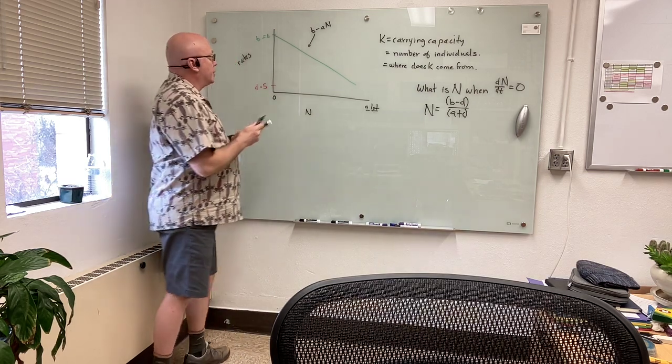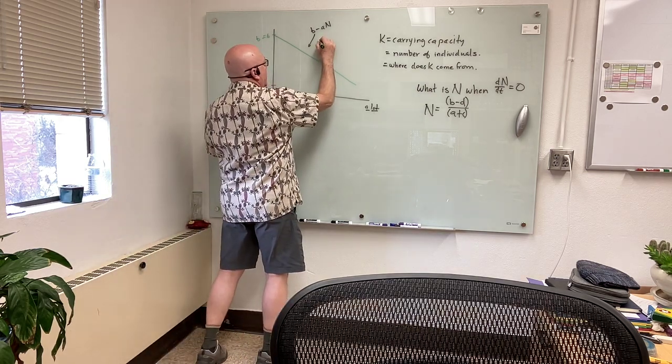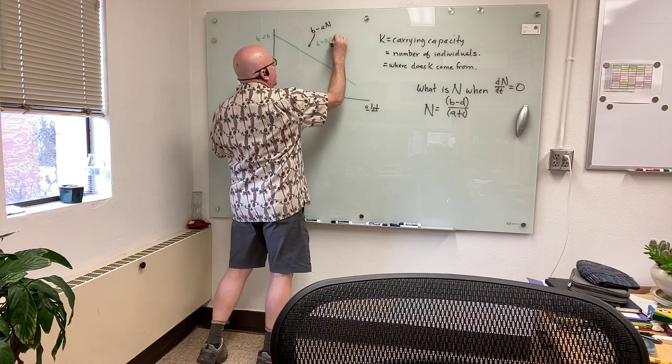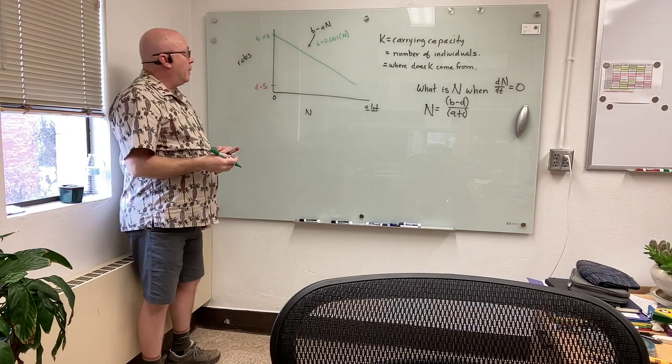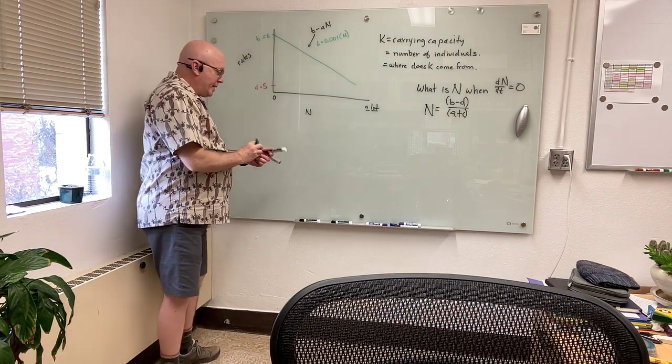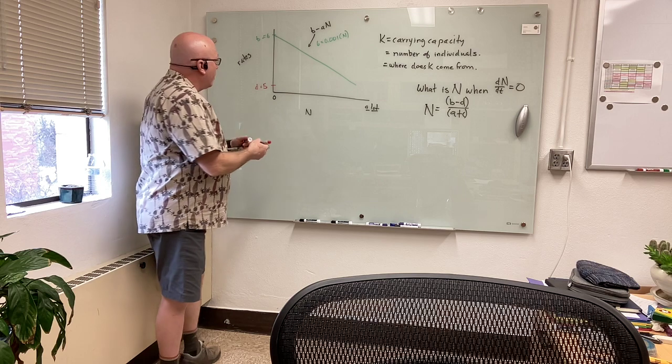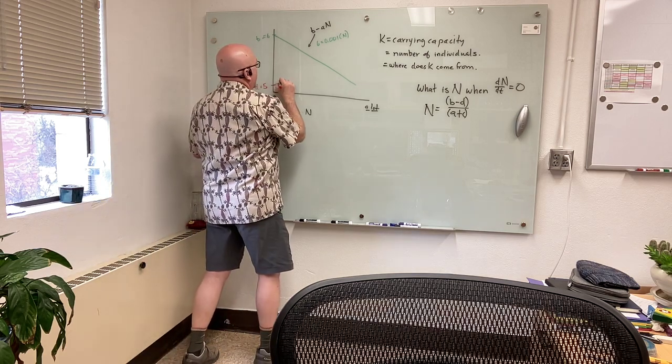And we can actually put numbers on that. The birth rate in this case started out at 6. We can say it's reduced a little bit by population size, but not by a ton. We can do the same thing with death rate.